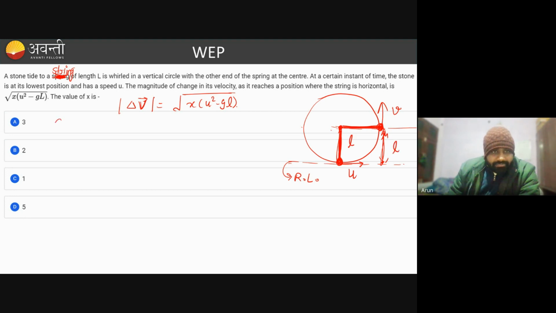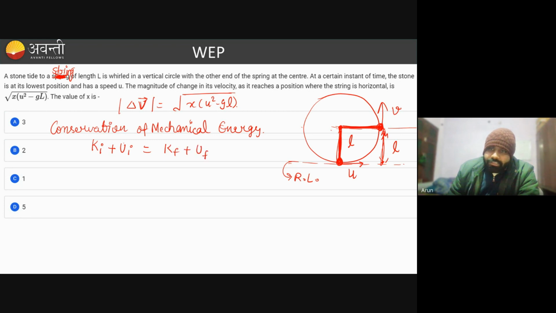Now, by conservation of mechanical energy, we know that kinetic energy initial plus potential energy initial equals kinetic energy final plus potential energy final.